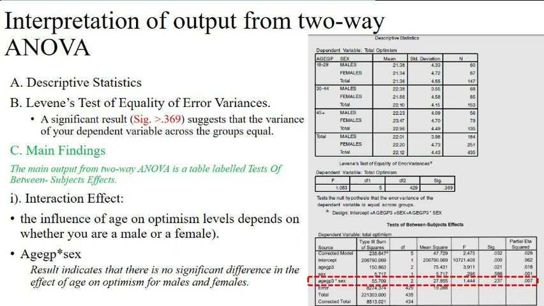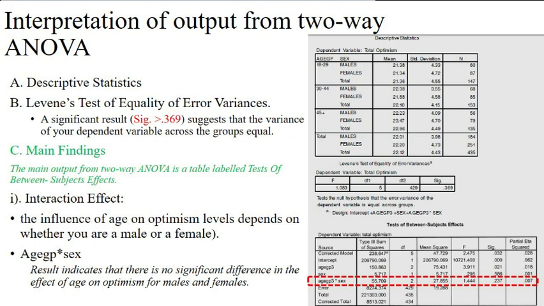So we have again distributed the results of two-way analysis of variance in the same categories. The first is, you can see in the upper table, dependent variable total optimism. It's showing the descriptive stats, the various age groups, and their means, standard deviations, and numbers.